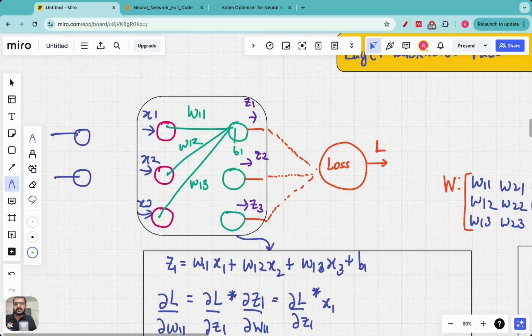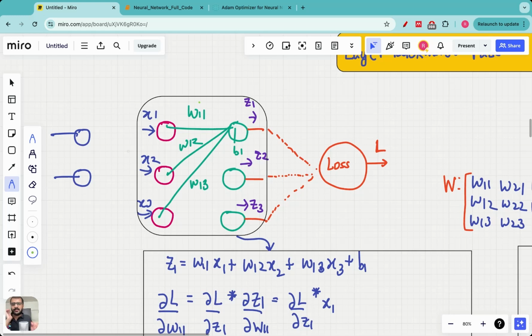For example, if a small change in w11 leads to a very big increase in the loss, maybe w11 is to blame for the large loss and I should reduce it, right? So to find these changes, we need to find how the loss depends on w11. That's why we need to find the partial derivative of loss with respect to the weights, the biases, and the inputs of a layer, so that we can update the weights and biases of the layer.